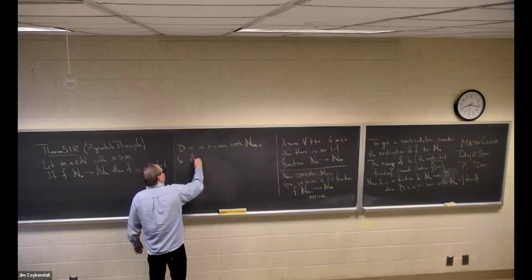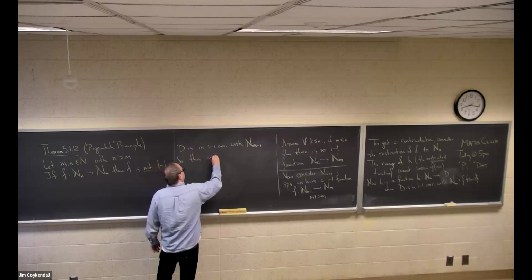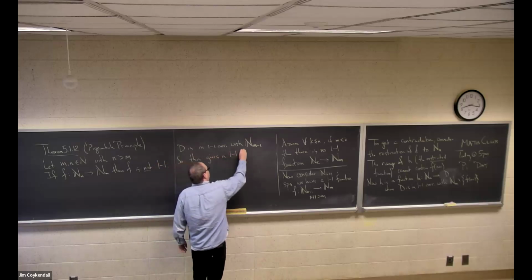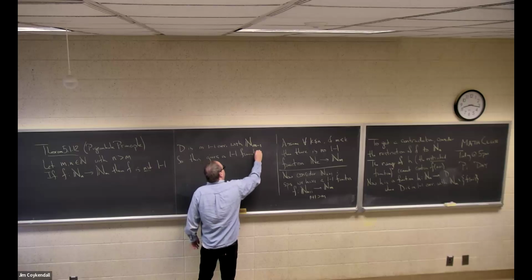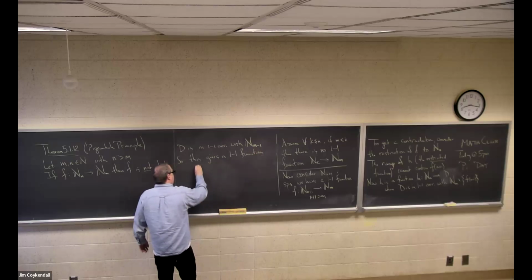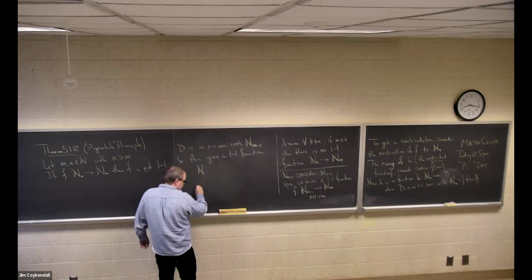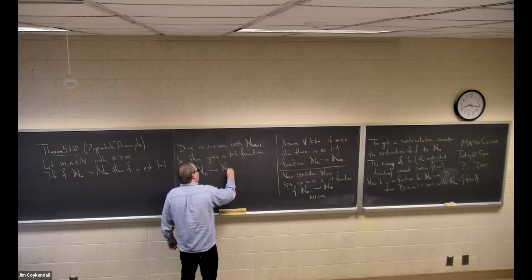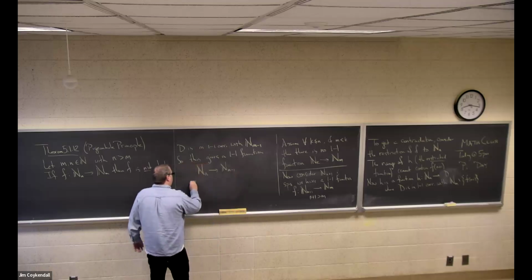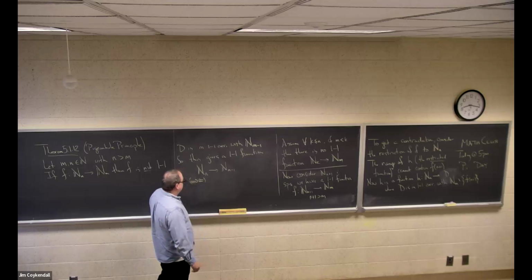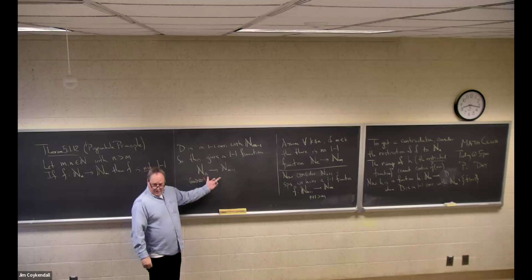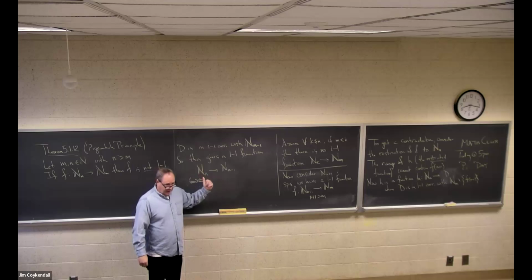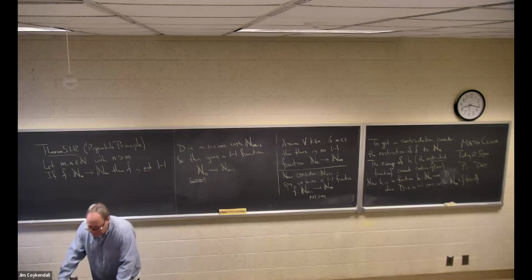So this gives a one-to-one function from N sub n into N sub m minus one, and this is a contradiction, because our inductive hypothesis says there can be no such function.